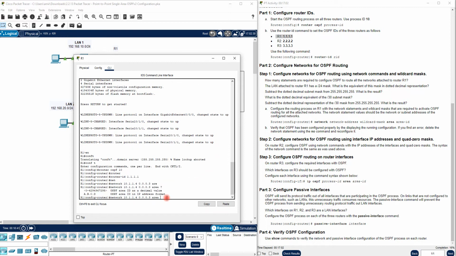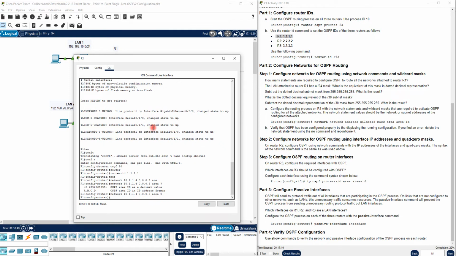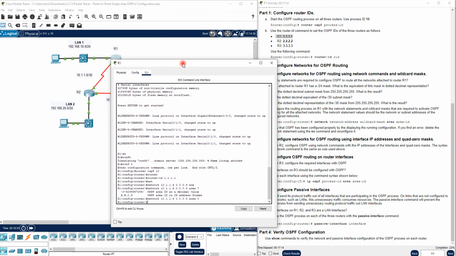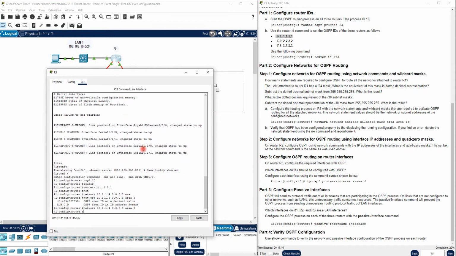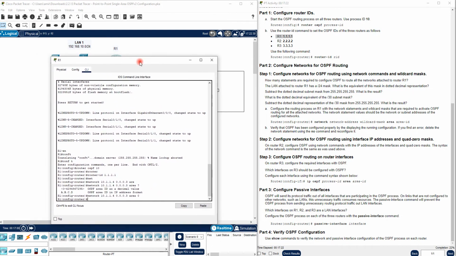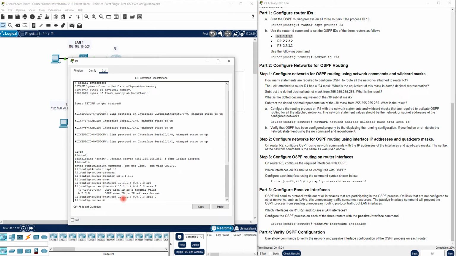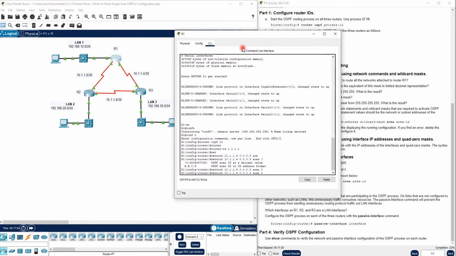All of the routers are located in one area, because we have multi-area and single area, and this is single area, and we have only area 0.